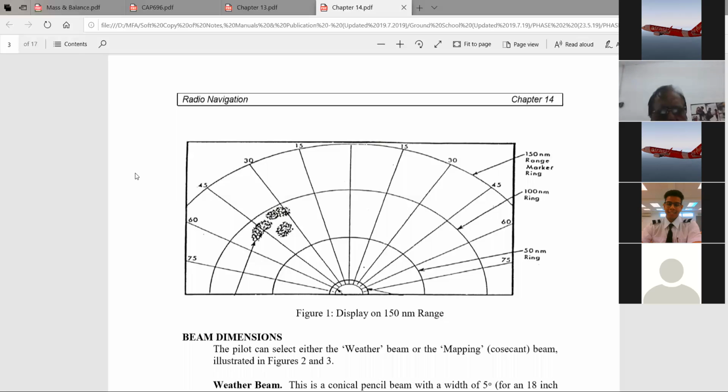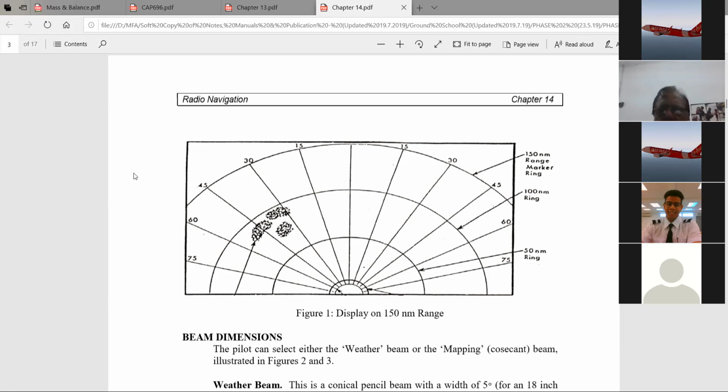Whatever information is available in front of the aircraft, the beam rotation is such that it picks up 90 degrees either side of the center line.